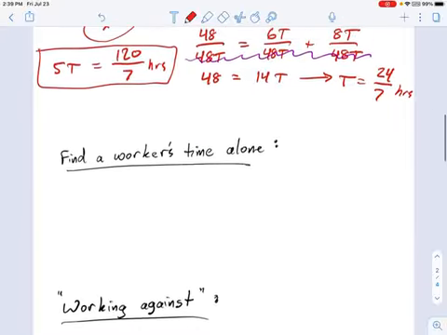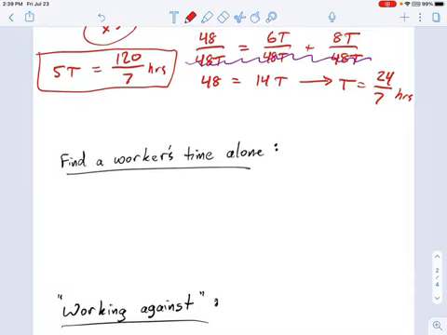Now, if I want to find out how much time it takes one worker by themselves, it's just a rational equation. We put everything in our combined rates equation. Let's say the total equals 10 hours, and person A equals 8 hours.